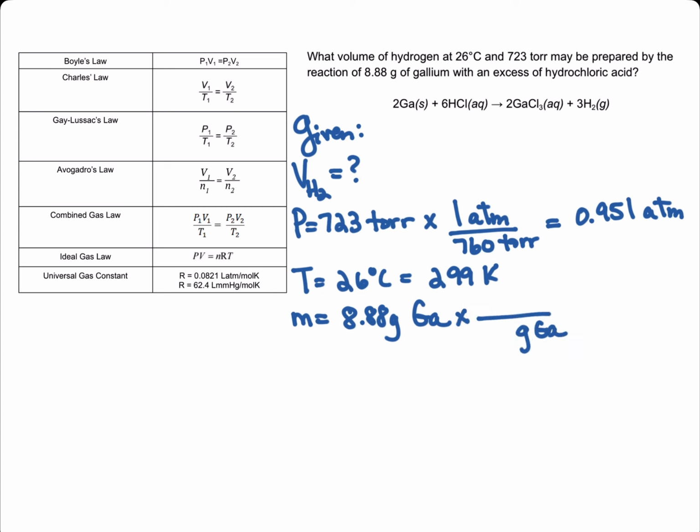Grams of Ga is in the denominator. I get that number from the periodic table. Moles of Ga in the denominator. And there's a relationship in the balanced equation. For every 2 moles of Ga, there are 3 moles of hydrogen. So I can go ahead and put that into my conversion.